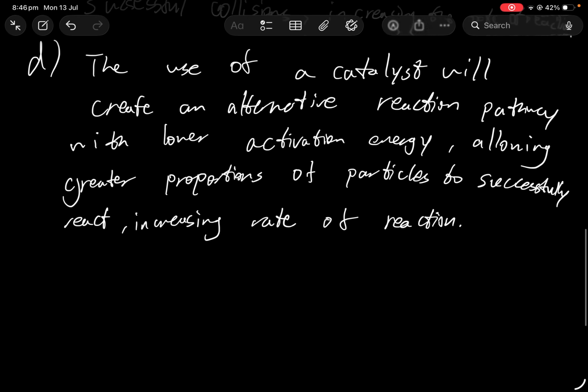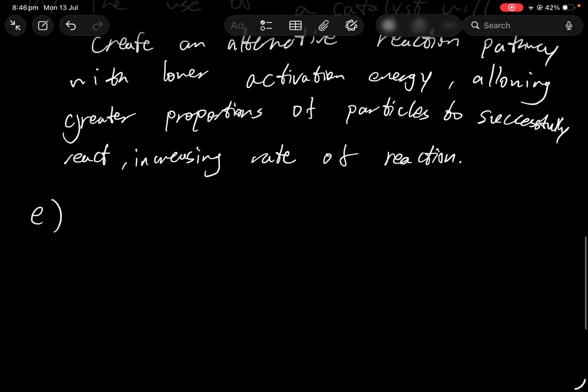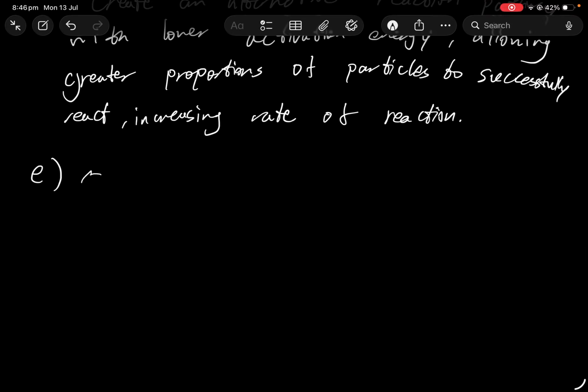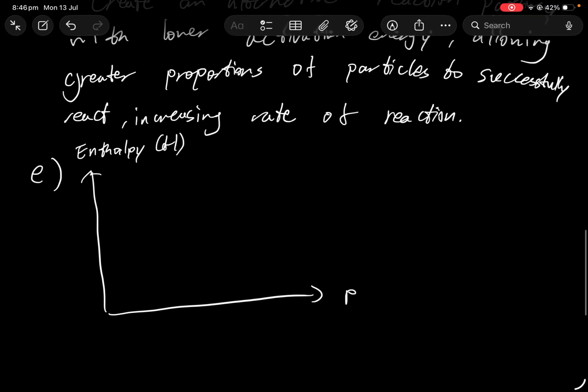And for part E, it says to draw an energy profile diagram for the reaction. So basically, the vertical axis is enthalpy, which is H, and this will be the reaction progress.